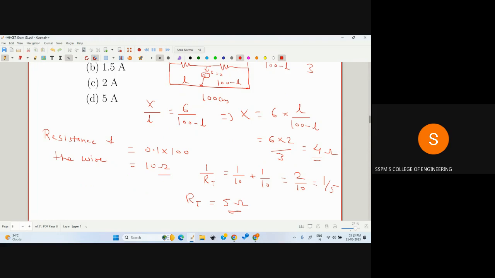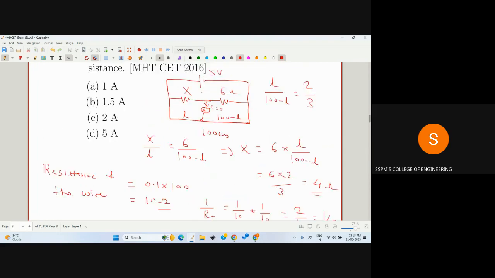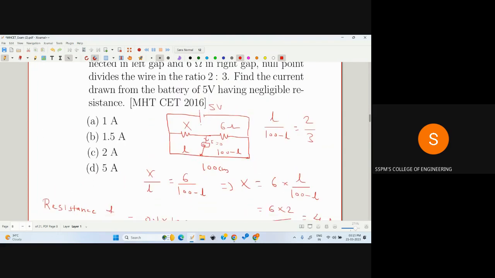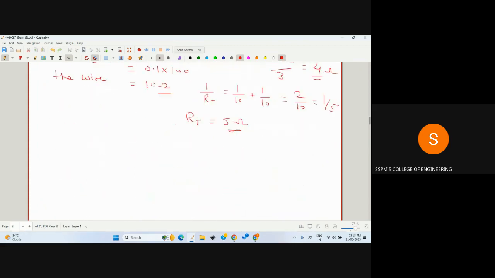And this 5 ohm resistance is connected to 5 volt supply. I can simplify the circuit network. The 5 volt supply is connected to the equivalent circuit of RT equal to 5 ohm, and you have to find the current.